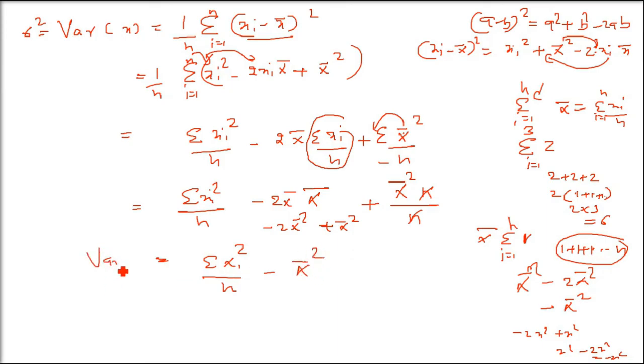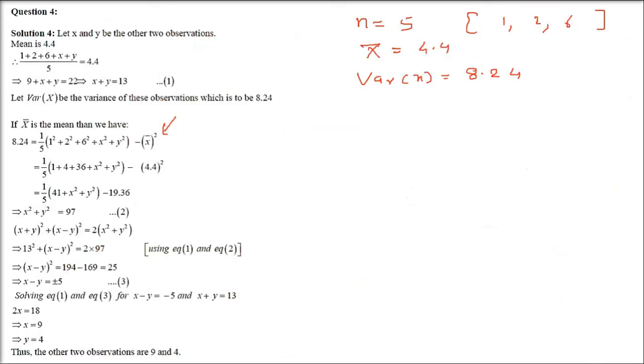Right? Now variance is this one, variance of x. This formula is very important because it will be used in almost all the questions which are coming up. If you understand this, all the questions can be solved. So this is the point which we will use in solving the question we are discussing. Sigma xi whole square by n minus x bar whole square, of course, with sigma i equals 1 to n.